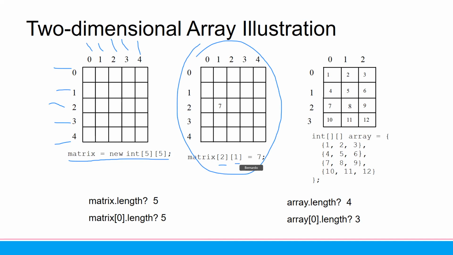So we want to access the index 2, which is the row, and then the index 1, which is the column. Okay? So if you set it clearly like this, it is possible to make this kind of two-dimensional array in terms of a matrix. And then if you want to put value 7, then the value in this space is 7.